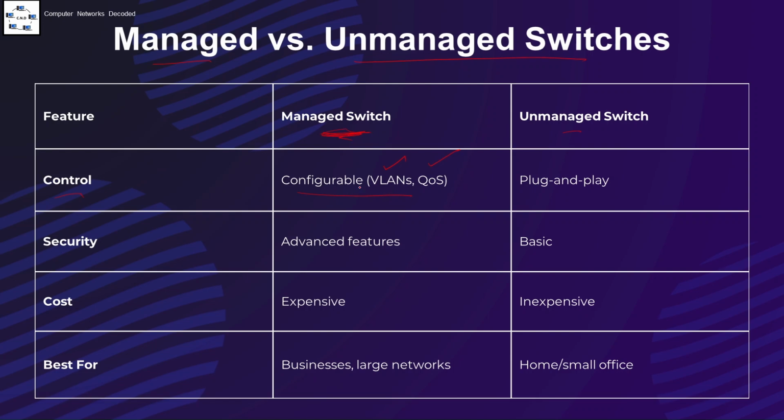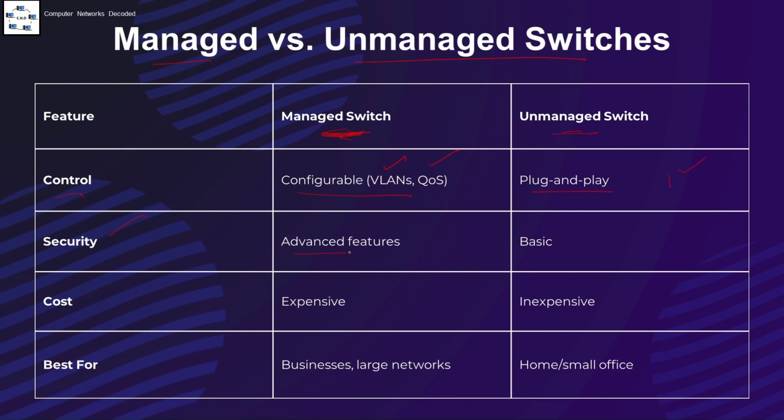You can assign IP addresses, etc. While the unmanaged switches are basically plug and play. You power on the switch and directly connect your devices to this switch, and they operate in the same VLAN 1, so you cannot configure different features inside this switch.